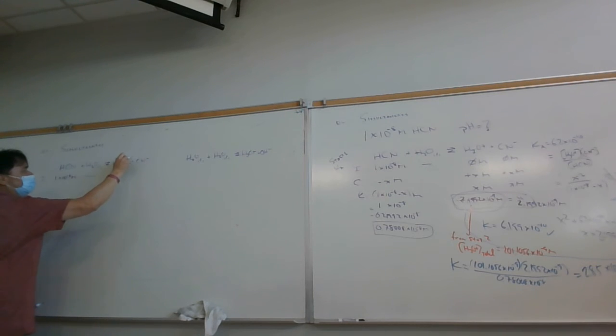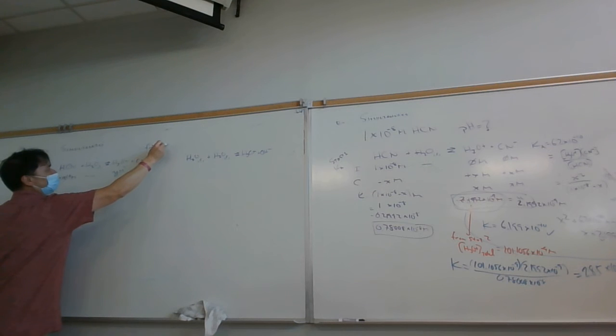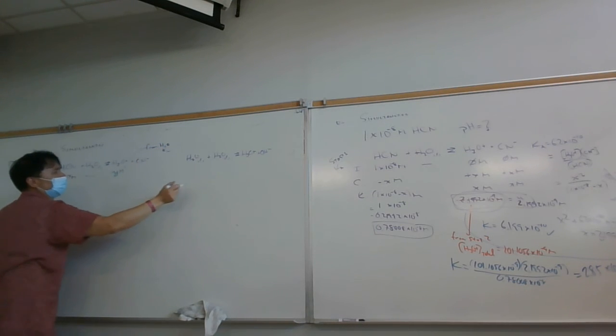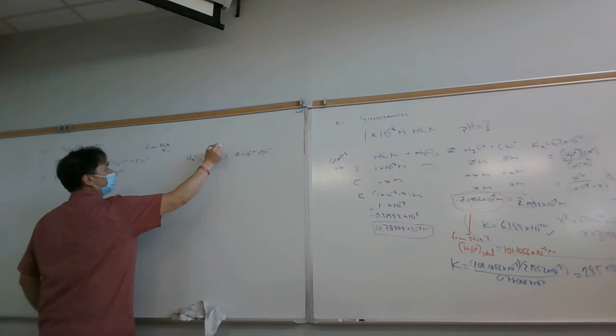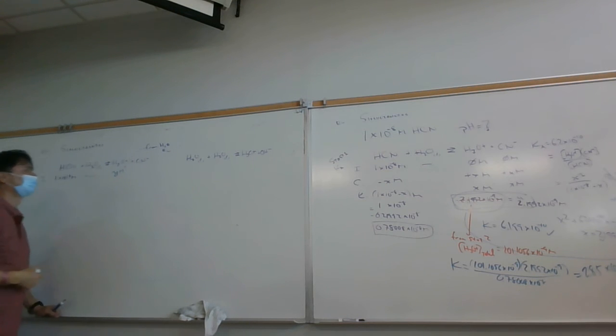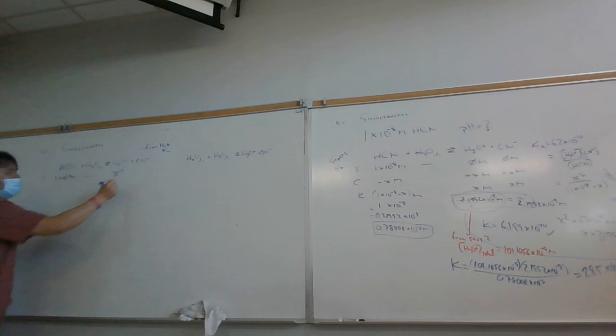This is from H2O, KW. And we're going to assume that the HCN has done nothing yet, 0 molar. So water's already done its thing and generated some hydronium. And we're going to figure out how much additional hydronium we're going to get. So this is going to be minus X, plus X molar, plus X molar.